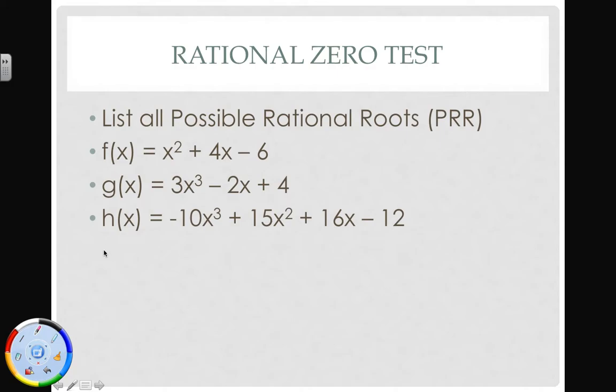This one's a little bit longer because of the type of numbers that we have here for our leading coefficient and for our constant term. But if we look at the p's over the q's, we get, for p, all the factors of 12.